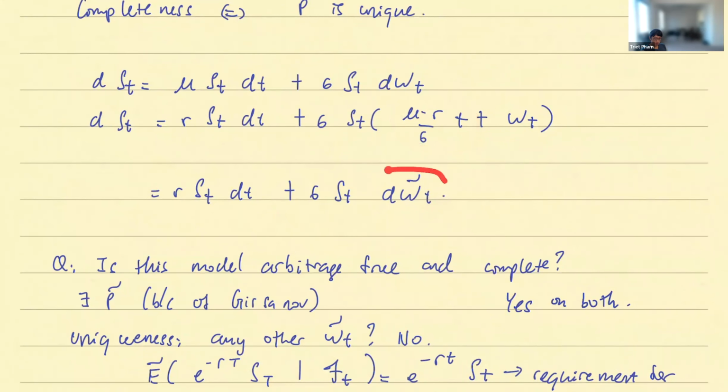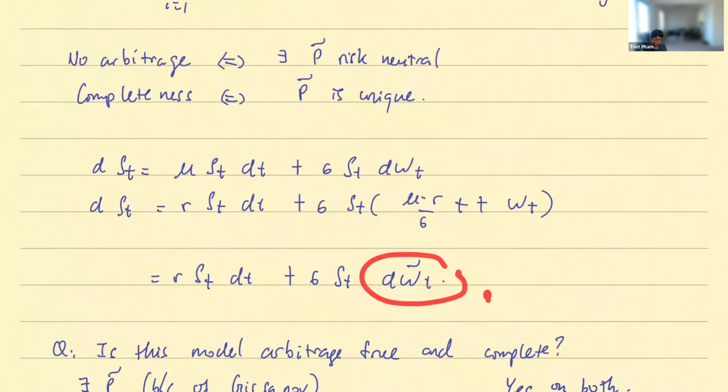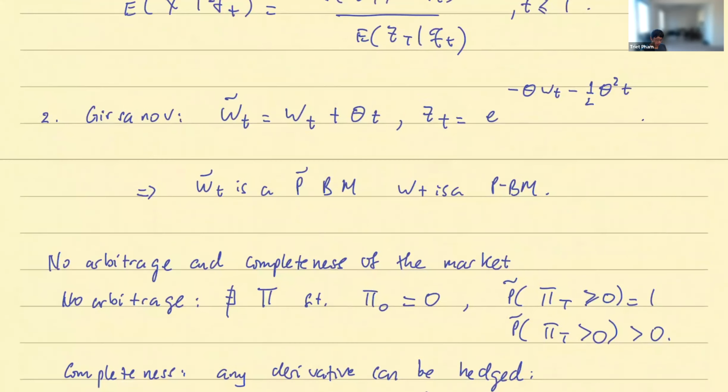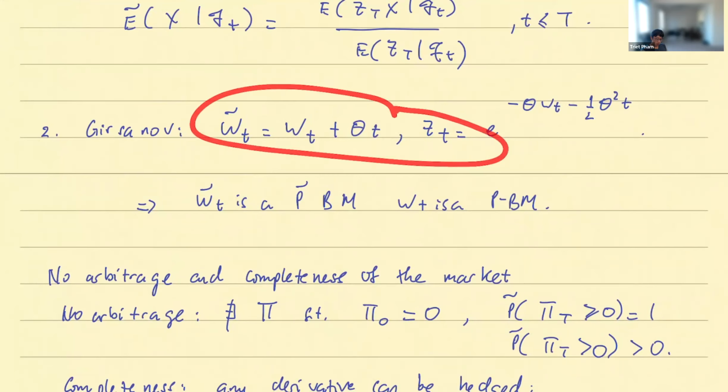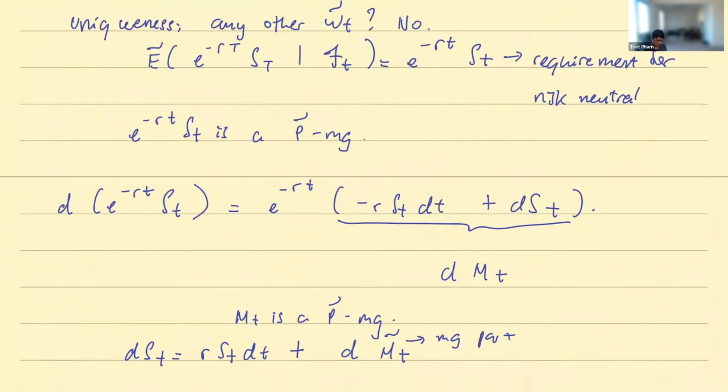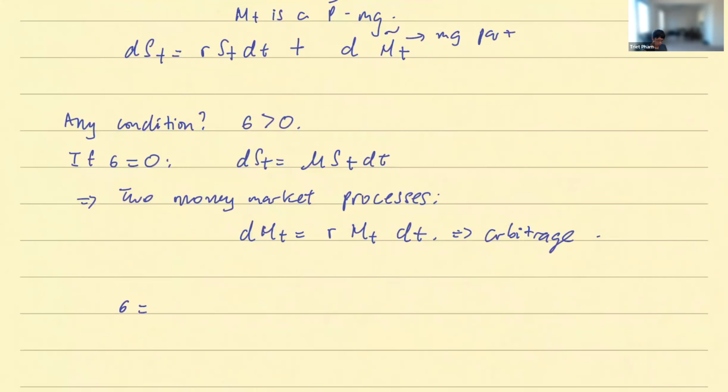We cannot. How can we? You have no W tilde. You cannot define any Z, because the Z in this case is connected with the theta. There's no theta. Basically the message is when sigma equals 0, there is no market price at risk, and you need market price at risk to define a risk neutral measure.